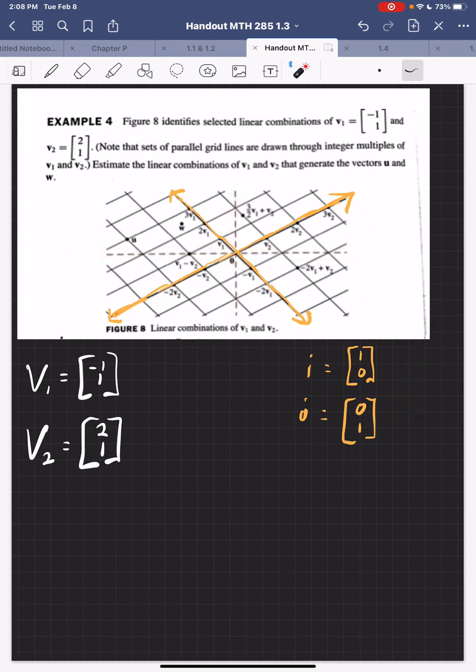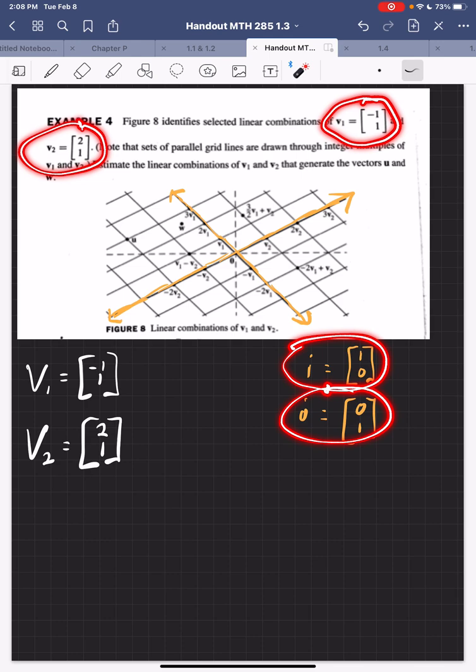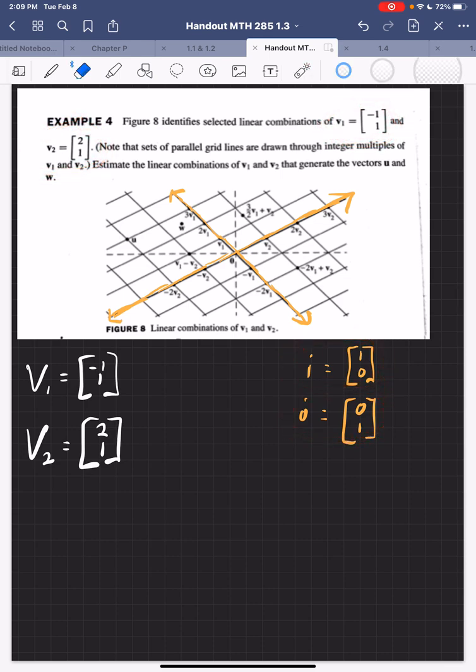Now, imagine for just a second: forget about the i, forget about the j. What if you were to build a coordinate system based on these new vectors? Pretend like this is now your i and your j. Here's v sub 1.